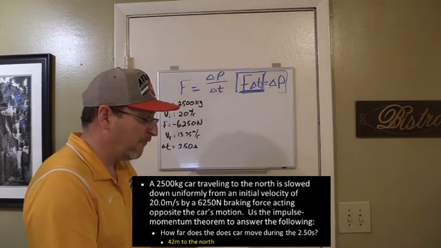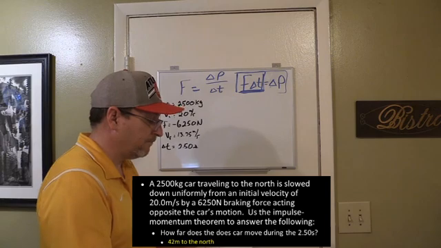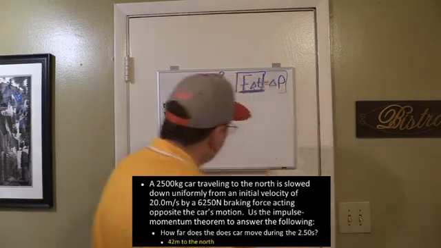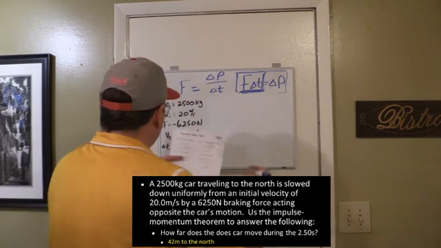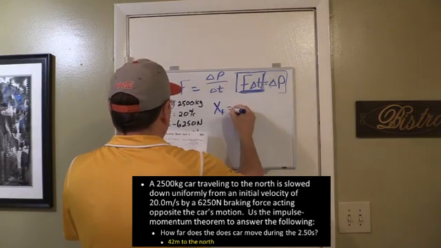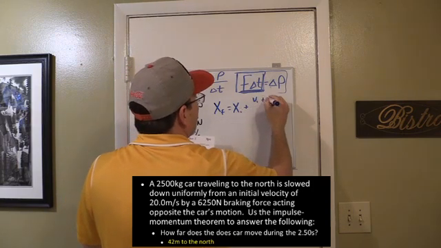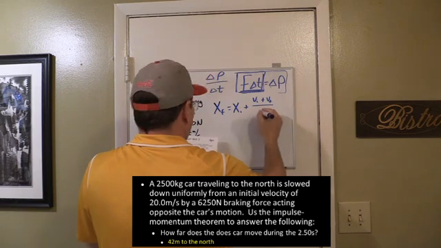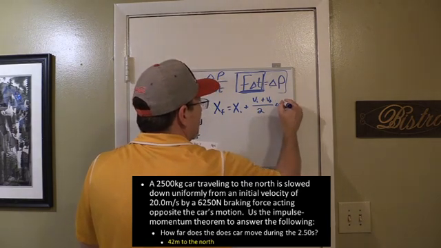I need to know how far does it go. I'm going to use this equation. x sub f is equal to x sub i plus v sub i plus v sub f over 2 times time.